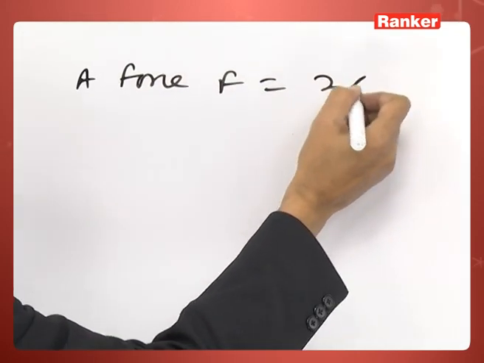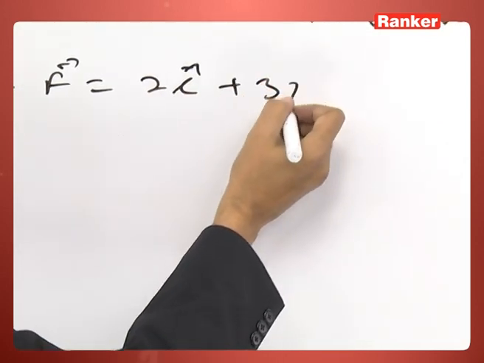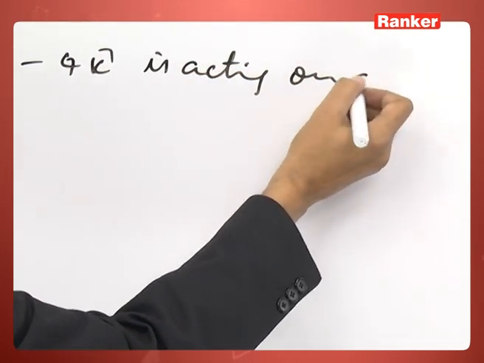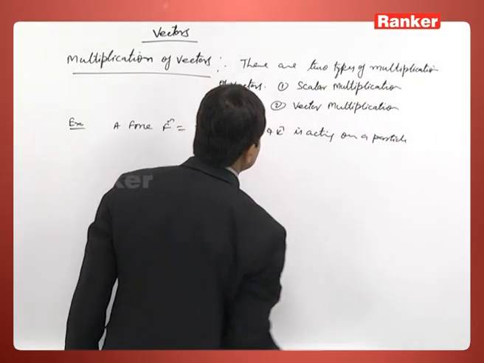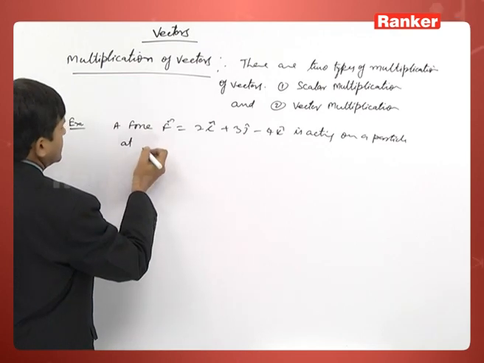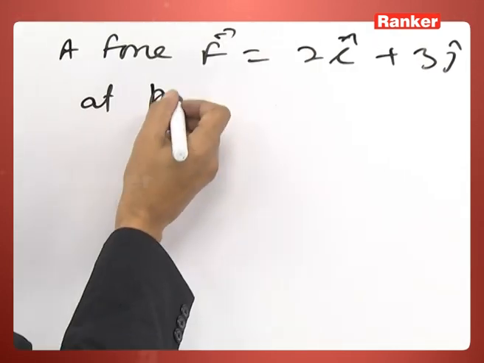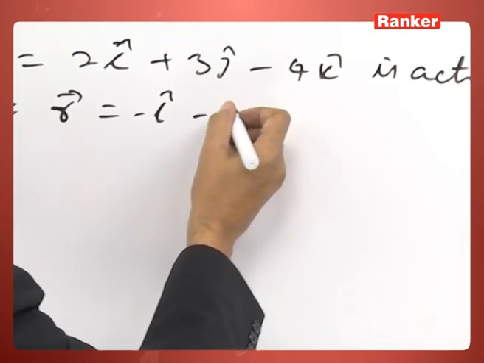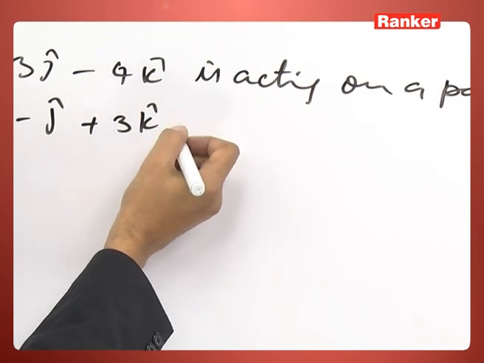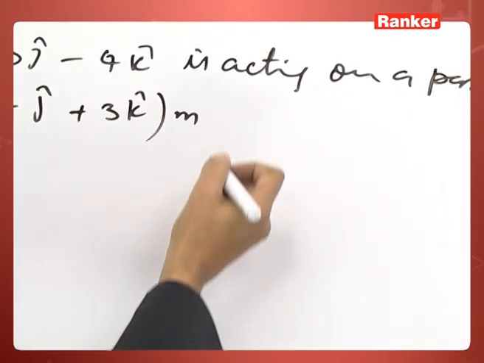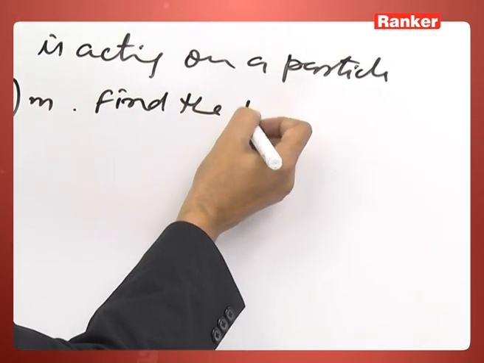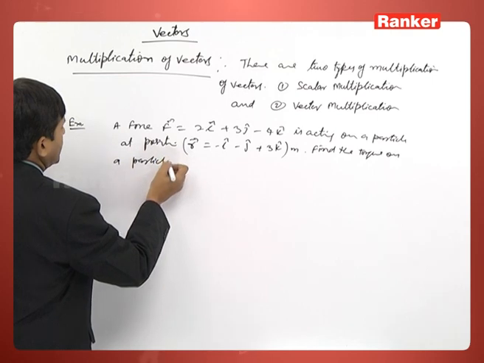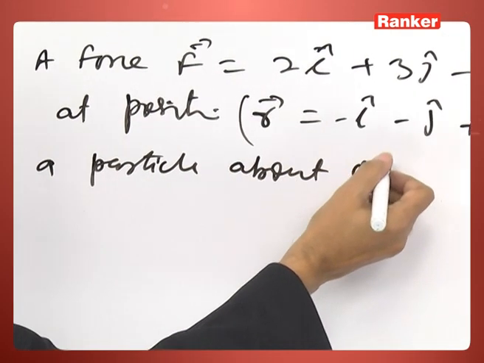If force F equal to 2i plus 3j minus 4k is acting on a particle at position minus i cap minus j cap plus 3k cap meter, find the torque on the particle about the origin.